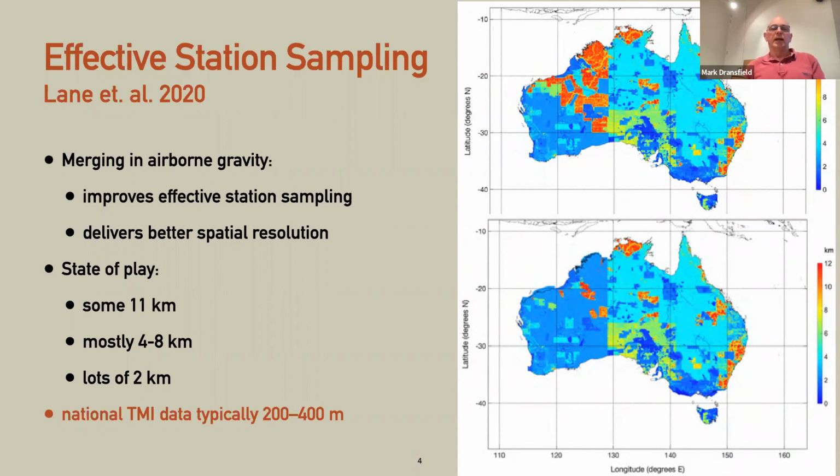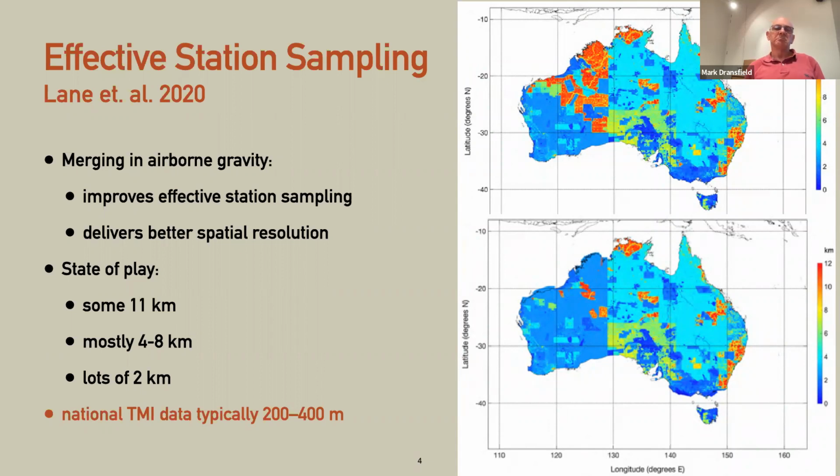So if you look at the state of play, what we've got now is some patches of 11 kilometre station spacing, big areas in the kind of range of 4 to 8, that kind of cyan through to, I don't know what that is, pale green to yellow, I suppose, colours.